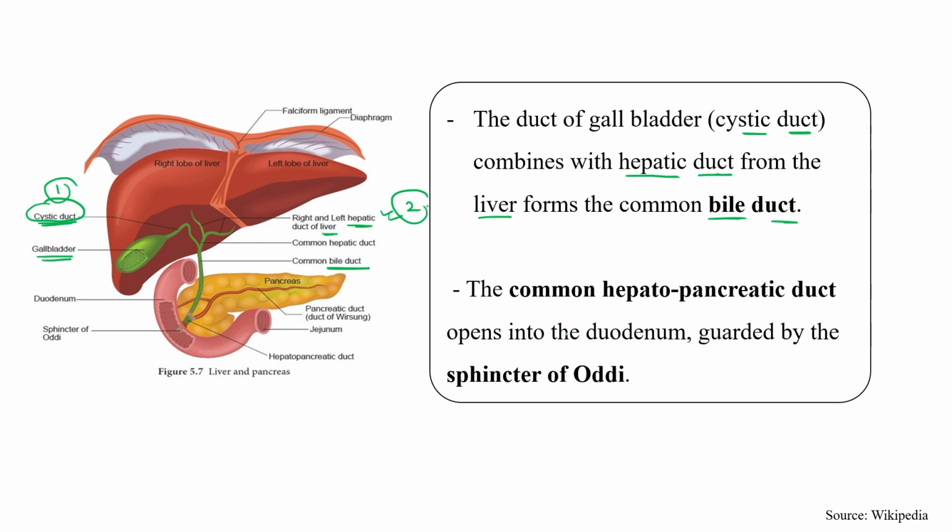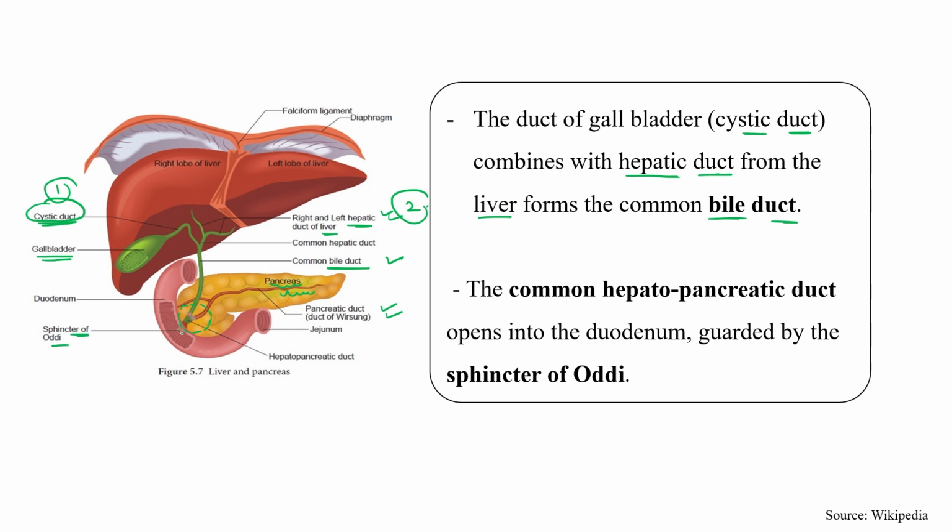Okay, so this bile duct further combines with this another red color duct which comes from the pancreas, and over here both the bile duct and the pancreatic duct fuse together. Where? Here, near the sphincter of Oddi.